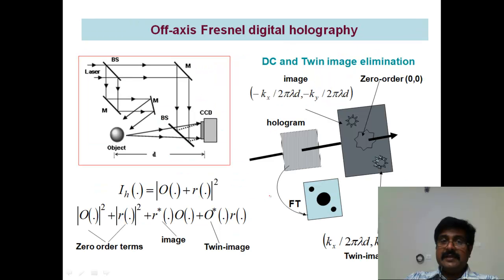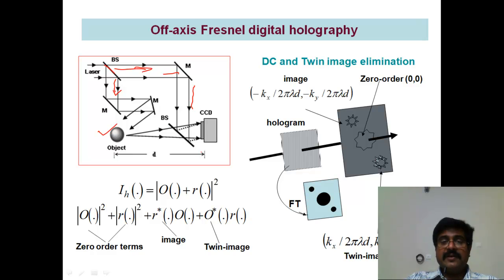Next we will see the off-axis Fresnel digital holography. This is the technique. A laser is split into two, in this arm and this arm. Light reflected by this mirror M goes to another mirror and illuminates the 3D object. And in this arm, it propagates, is reflected by this mirror and comes to another beam splitter, and you can see there is an angle.